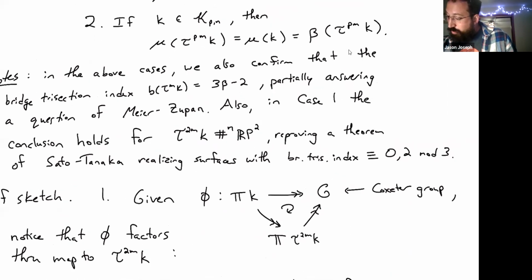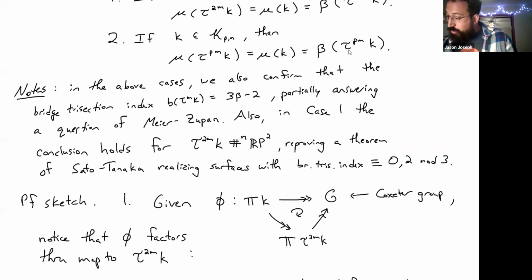This is the proof of one. You have this Coxeter quotient G, and notice that a meridian here, well, the square of a meridian dies because all the reflections are order 2.